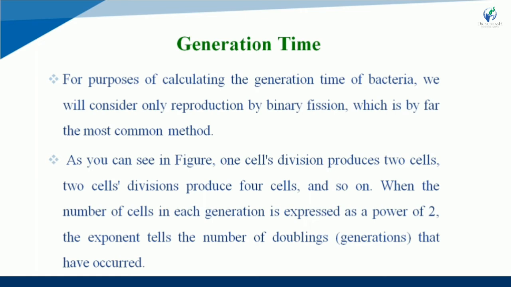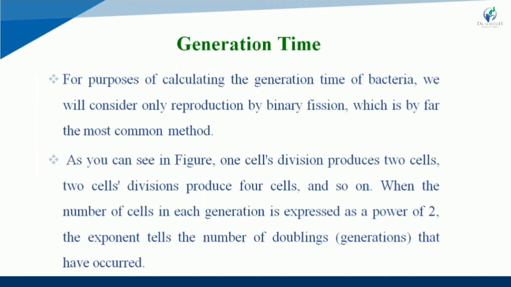As you can see in the figure in the next slides, one cell's division produces two cells, two cells' division produces four cells, and so on. Four cells divide to produce eight cells, and it goes on.